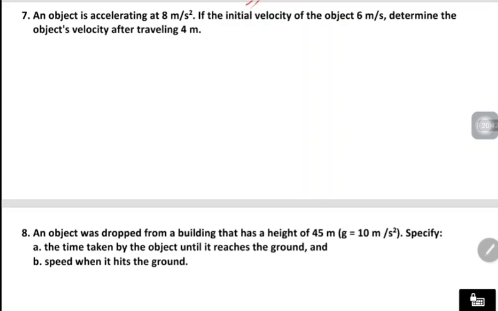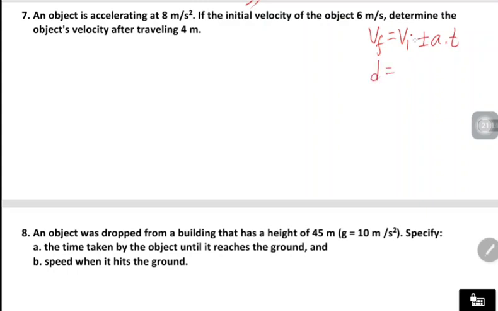Okay, we know the formulas of accelerated motion. We have 3 formulas, and we have to remember them. First formula: final velocity equals initial velocity plus or minus acceleration times t.